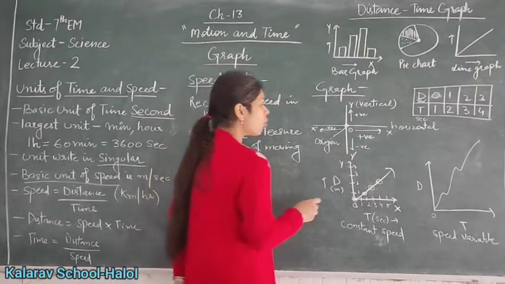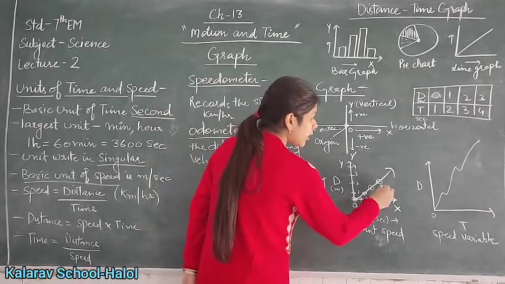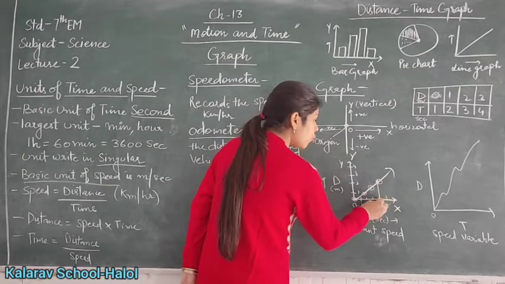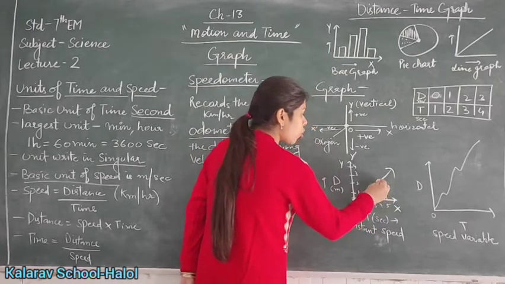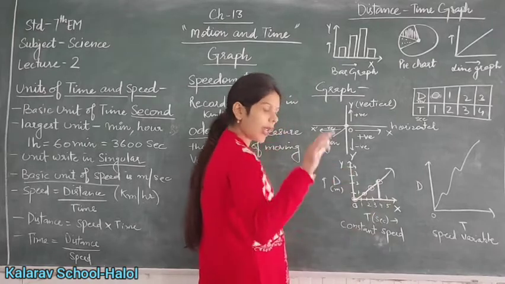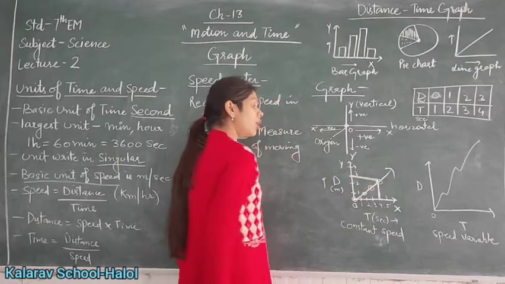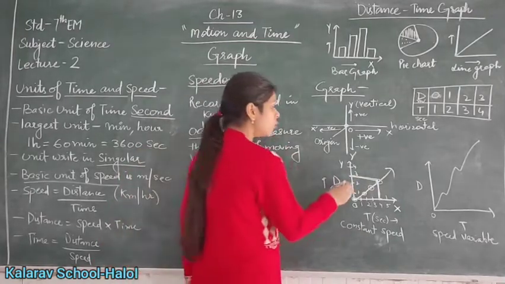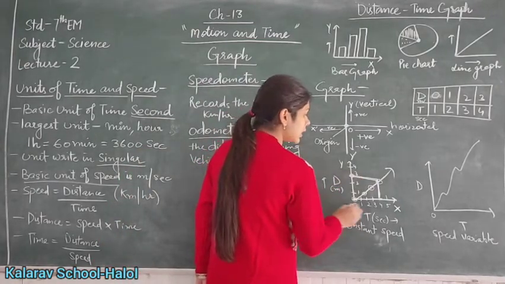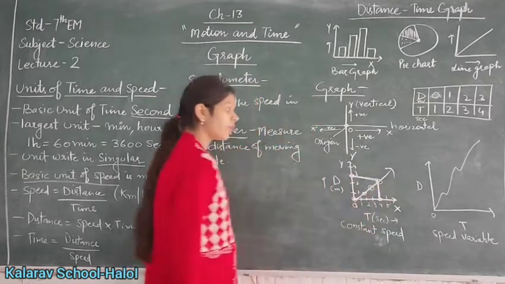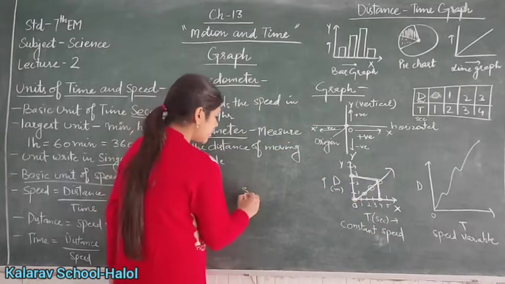So if we want to calculate the distance at 4 seconds, just draw a perpendicular line on the x-axis and a perpendicular line on the y-axis. Here you find the distance is 3 and the time is 4. So what is the speed?